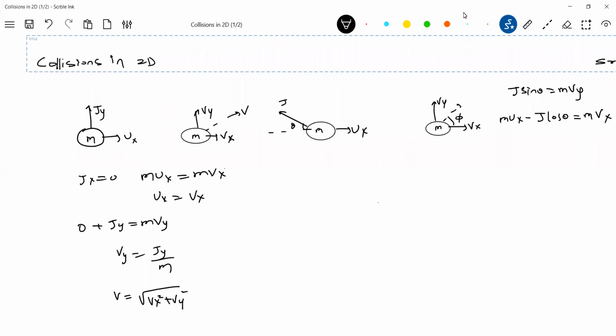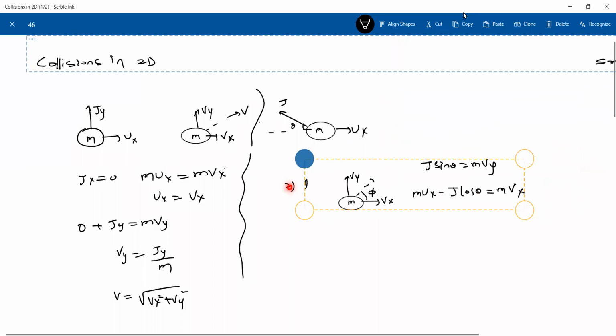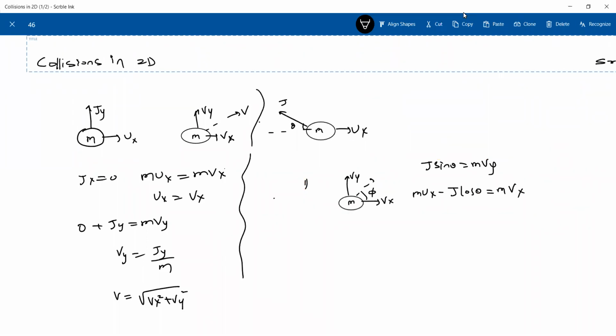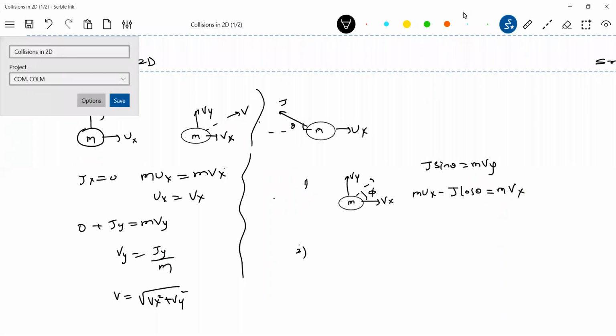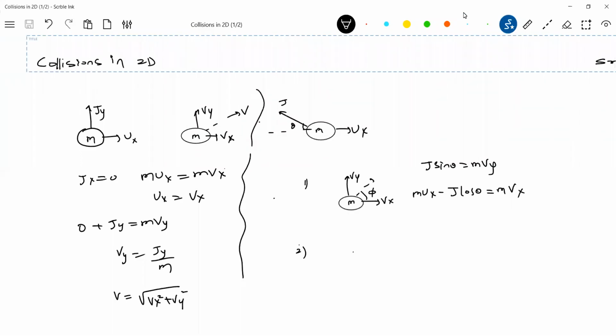This is the first case I'm putting. What is the next possibility? It can also happen that J cos theta equals mux. In that case, the colliding object will just move along the y-axis.